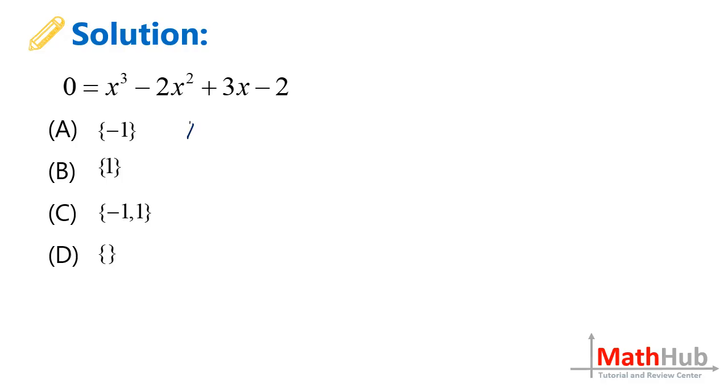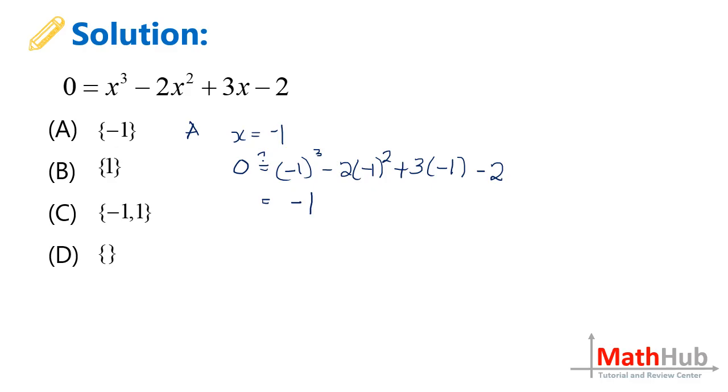So for letter A, let's substitute x equals -1. So we have 0, is that equal to -1 cubed minus 2 times -1 squared, minus 3 times -1 minus 2? Take note, PEMDAS, you have to square first your -1.